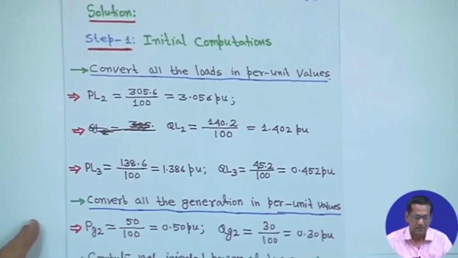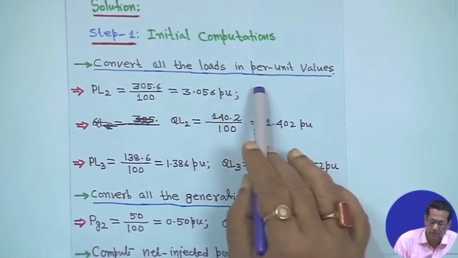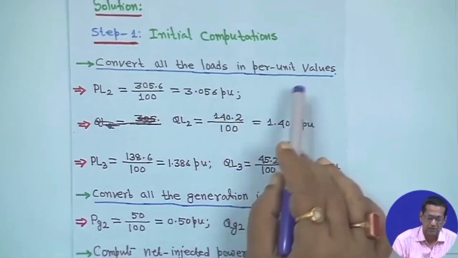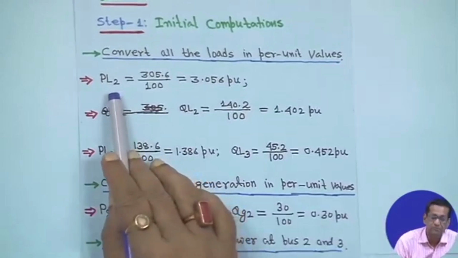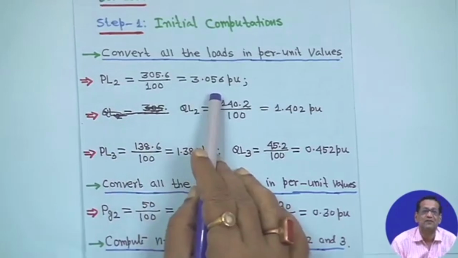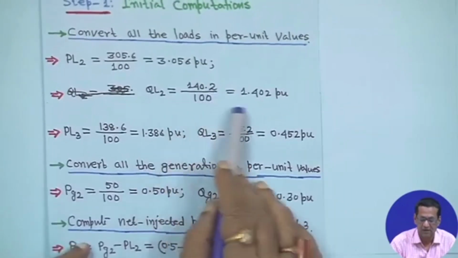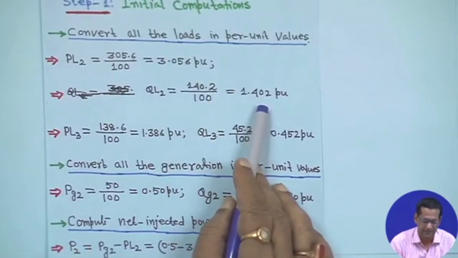In step 1, the initial computation, first you have to convert all the loads into per unit values. At bus 2 the load PL2 is 305.6 by 100, so 3.056 per unit. Similarly, QL2 is 140.2 by 100, 1.402 per unit.